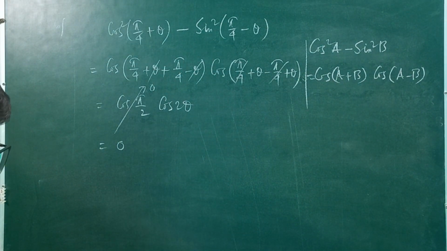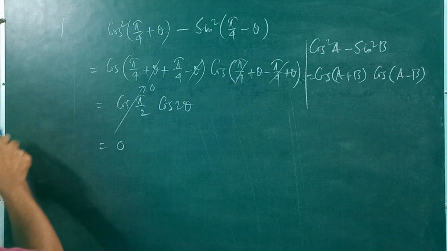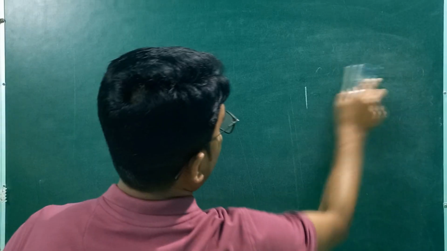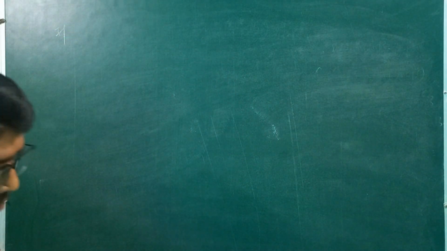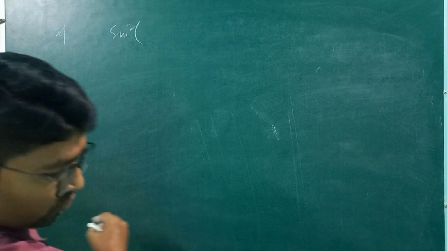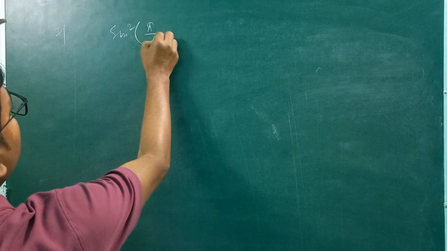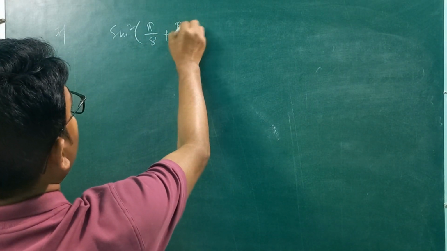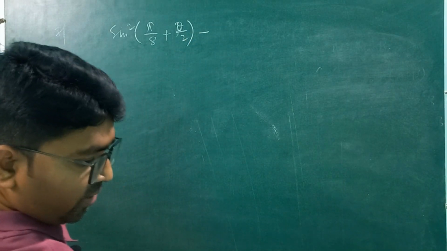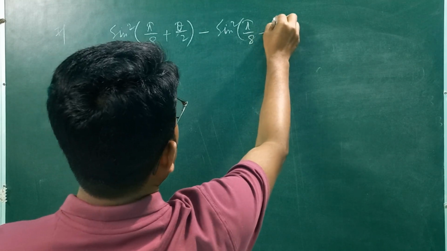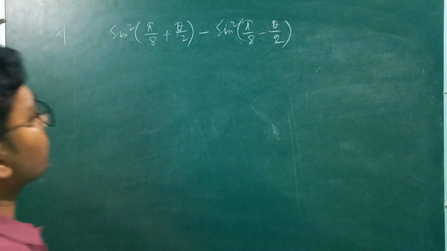Number 7. Sin square pi by 8 plus theta by 2 minus sin square pi by 8 minus theta by 2.